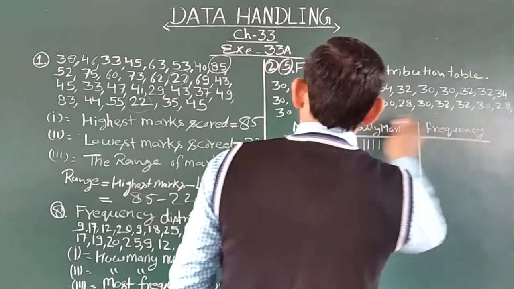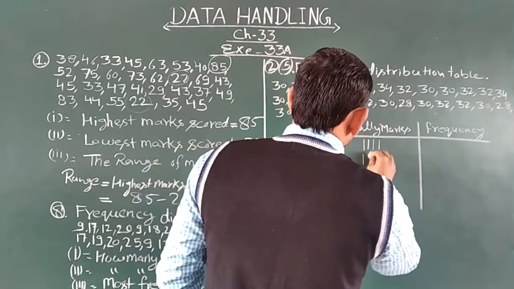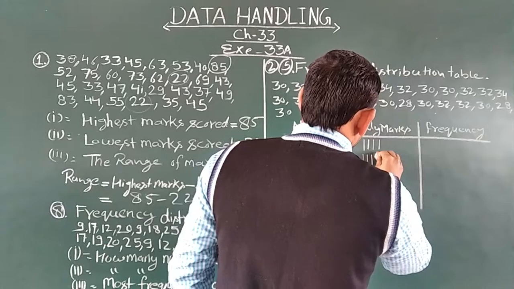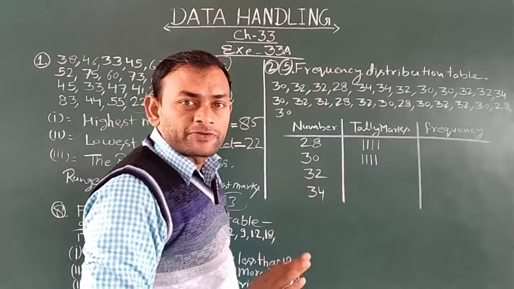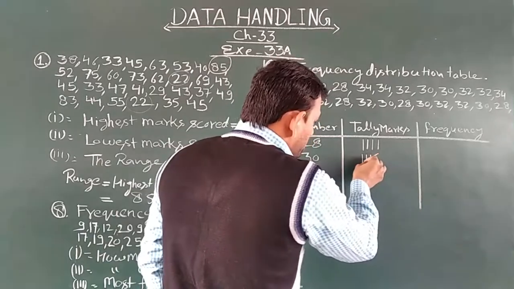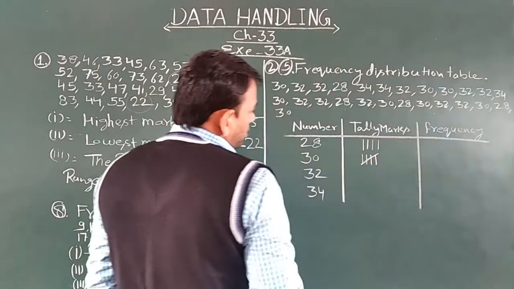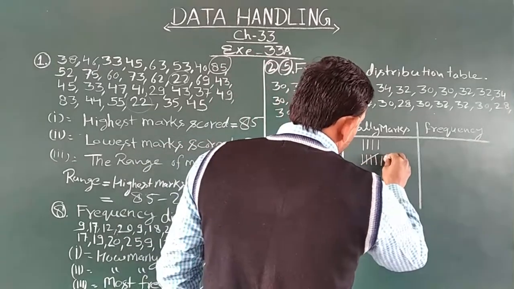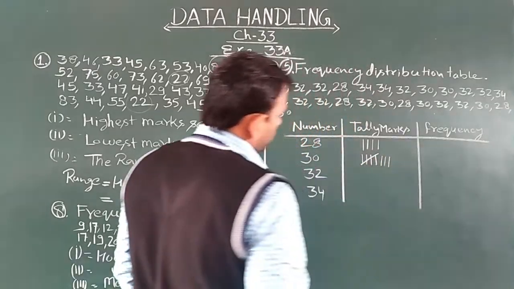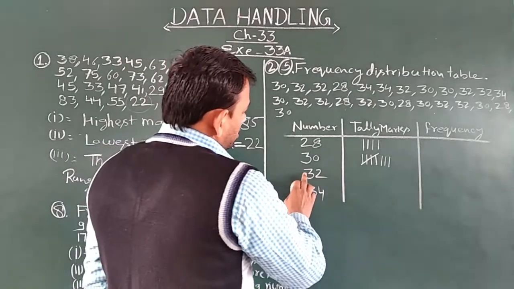We always draw the 5th line diagonally, oblique. So 1, 2, 3, 4, 5, 6, 7 and 8.